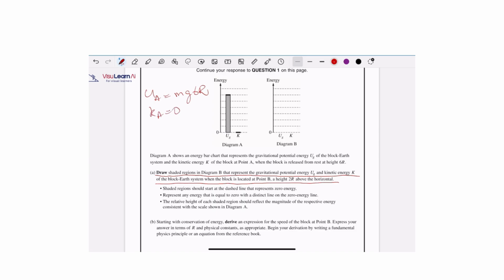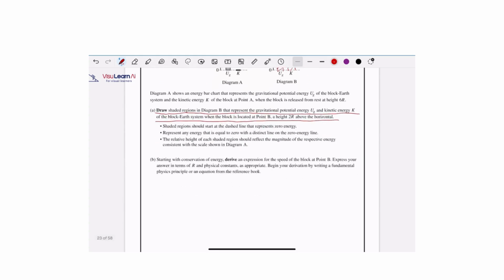So that shows up well in the graph that was provided to us. And then now write down what we calculated. We have the potential energy at B equal to mg2r and the kinetic energy that we calculated to be mg4r. Now, obviously, the energies are conserved at points A and B, so we can make this bar chart. So U would be mg2r and K at B would be mg4r. And that would solve part A.